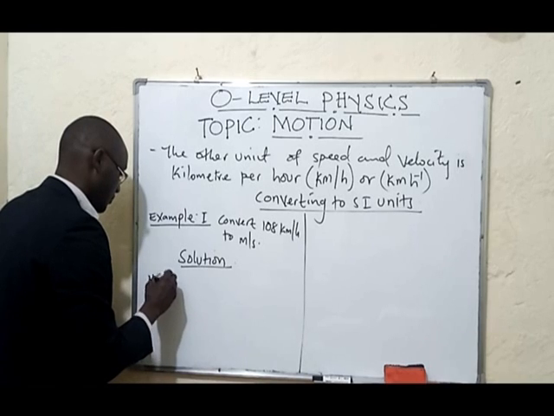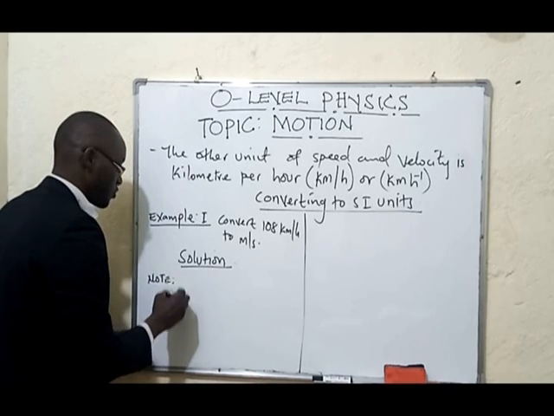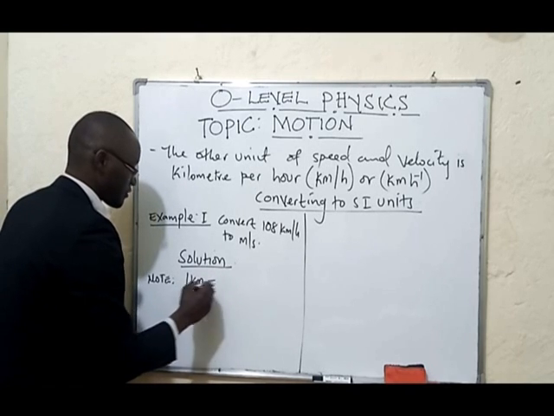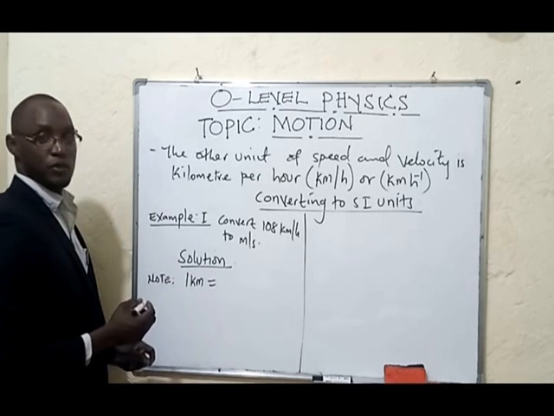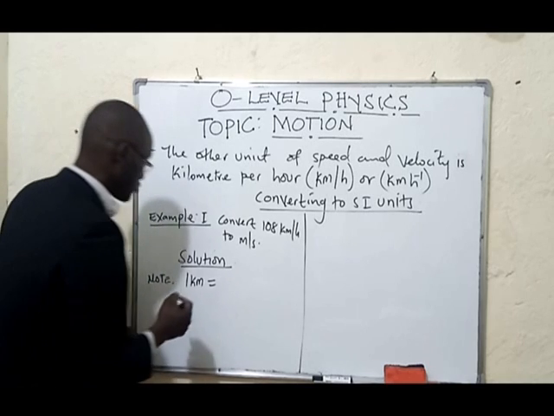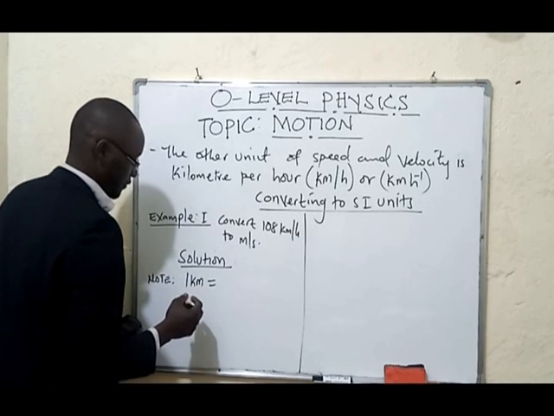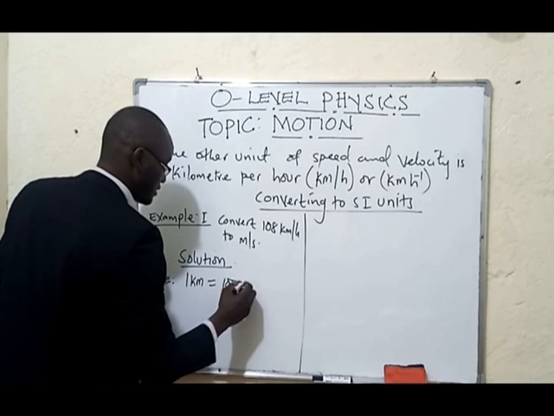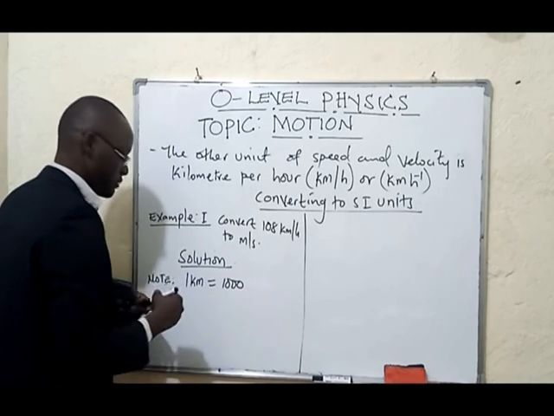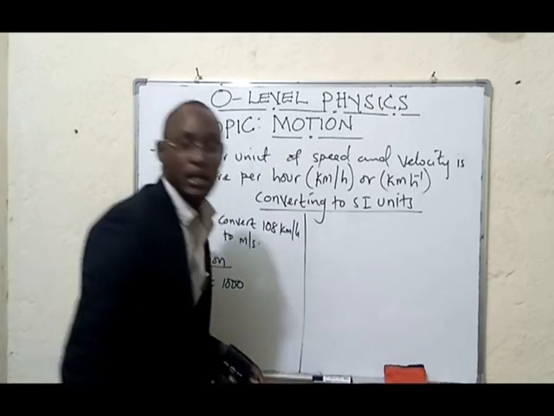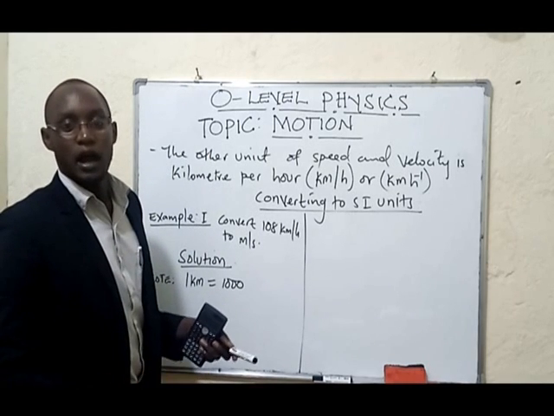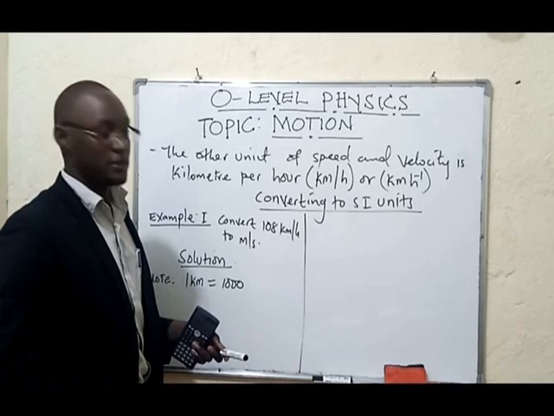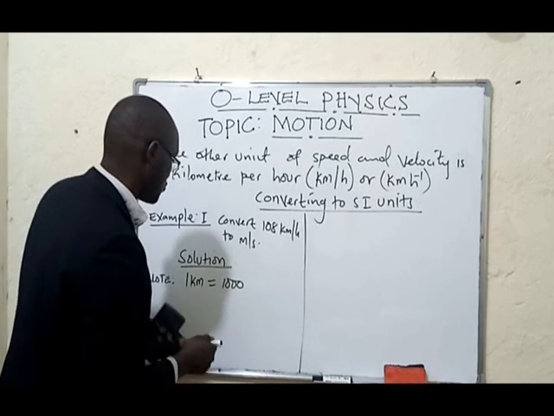Note, in this solution of ours, we need to note that 1 kilometer, small k, small m, not capital K, is equivalent to 1,000 meters. Yes, that is true.